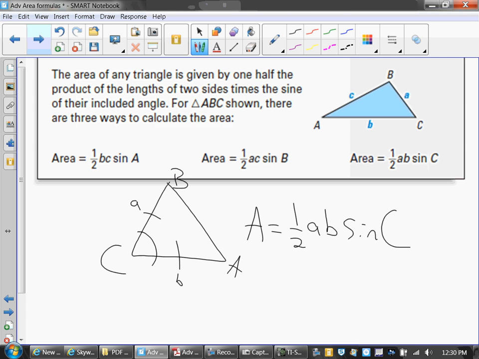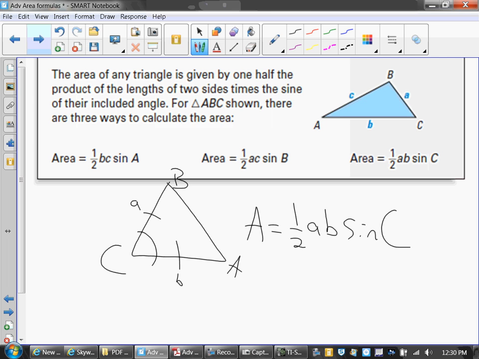So once again, this is a fairly simple setup. All you have to know is that you've got two sides and the included angle. So for any of the triangles that we've worked with right now, whether you're using law of sines, law of cosines, any of those, I could actually tack on one question and say, what's the area?